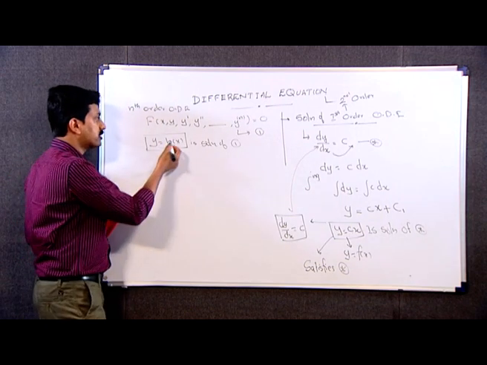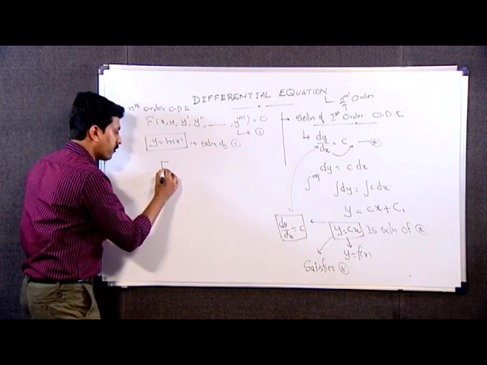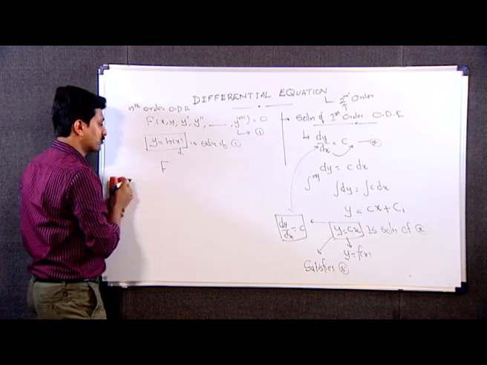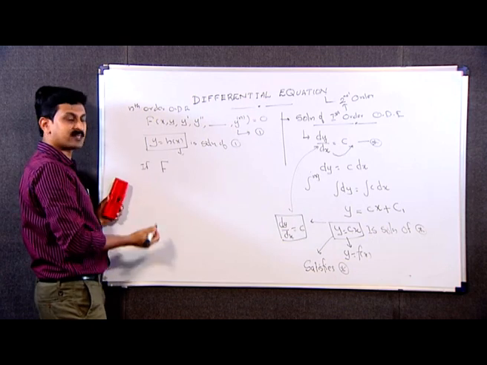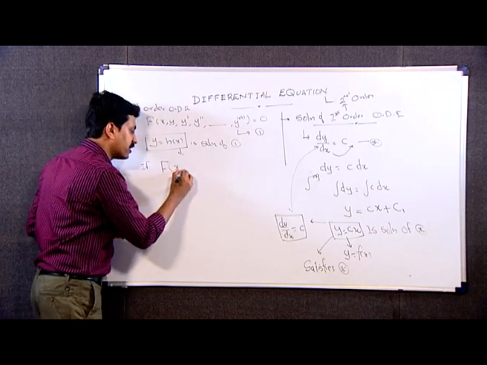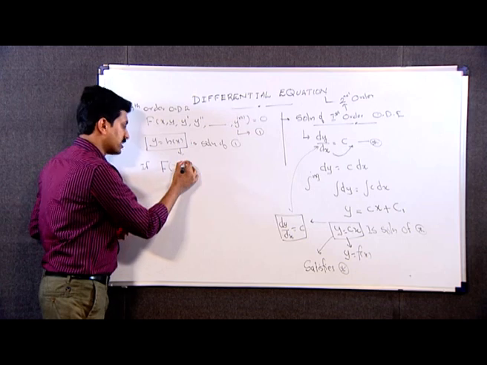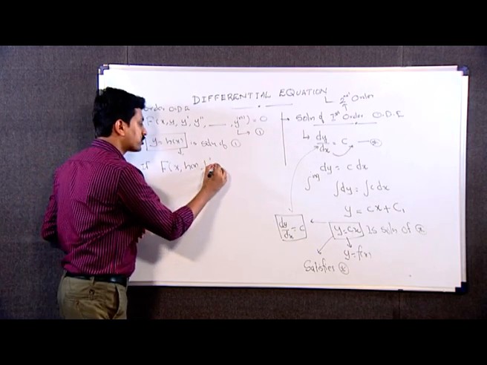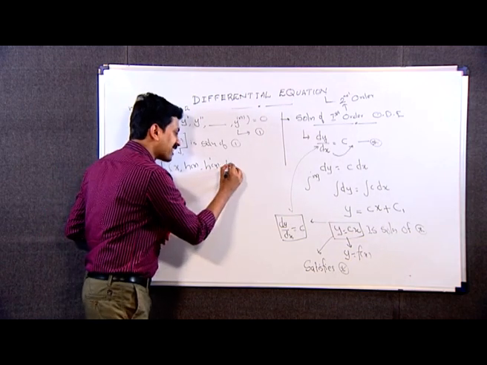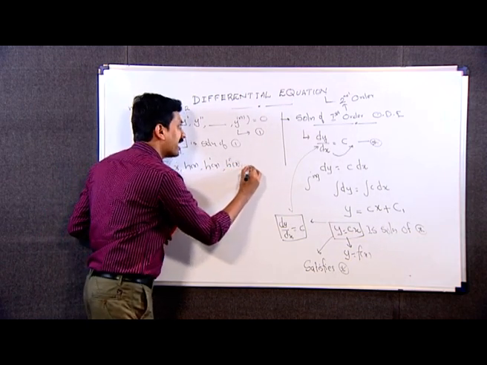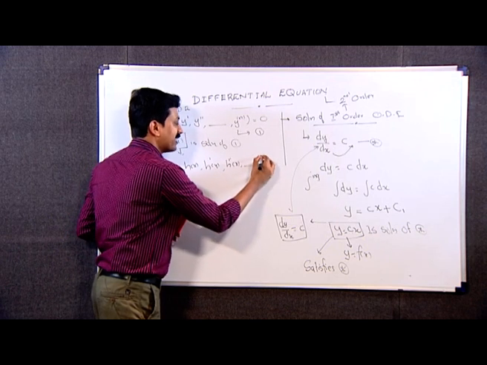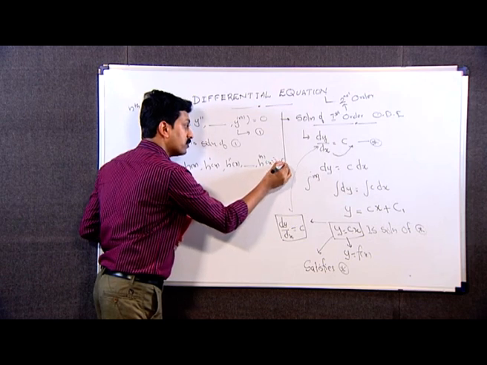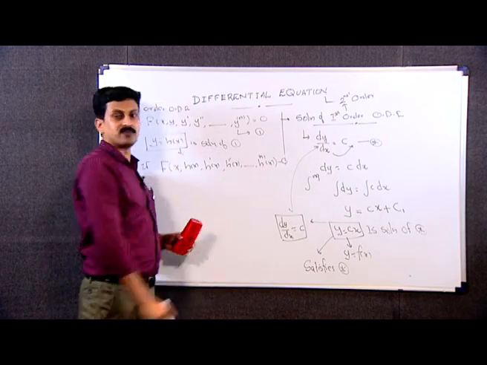So, we can write this as f of x, y, y dash, etc. It is a solution of equation 1 if, instead of x, y, y dash, y double dash, we replace y as h of x, y dash as h dash of x, y double dash as h double dash of x, etc., and the nth derivative of y as the nth derivative of the function h, which will also be equal to 0.